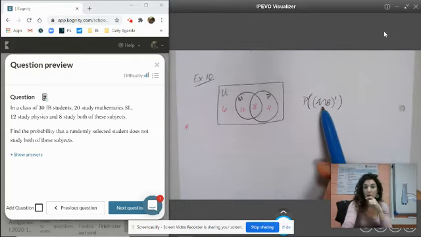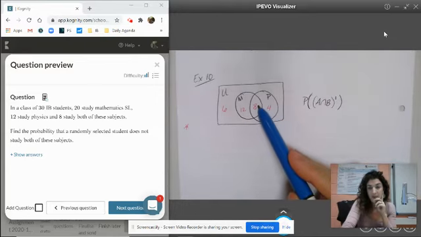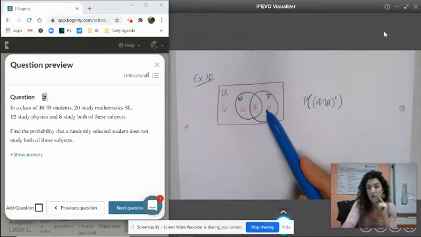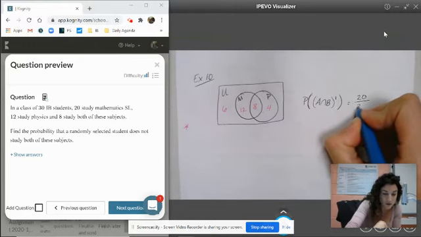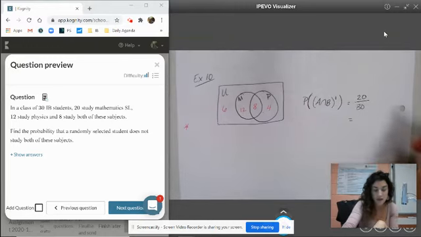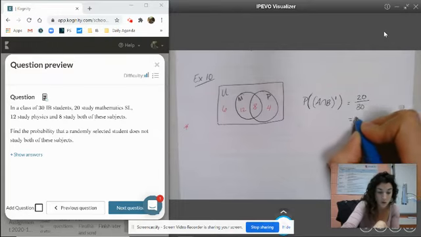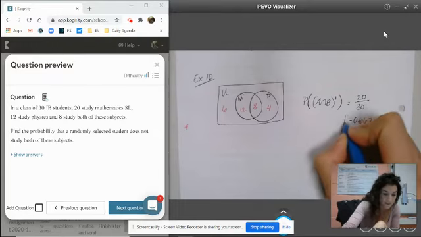The people who study both are 8 people. So the people who don't study both would be the 12 and the 4 and the 6. Adding those all up, I get 20 out of the total of 30. So 20 out of 30, 2 over 3, or 0.667.